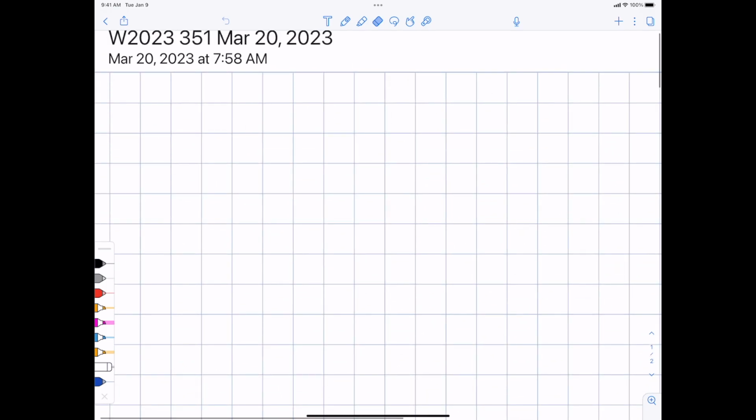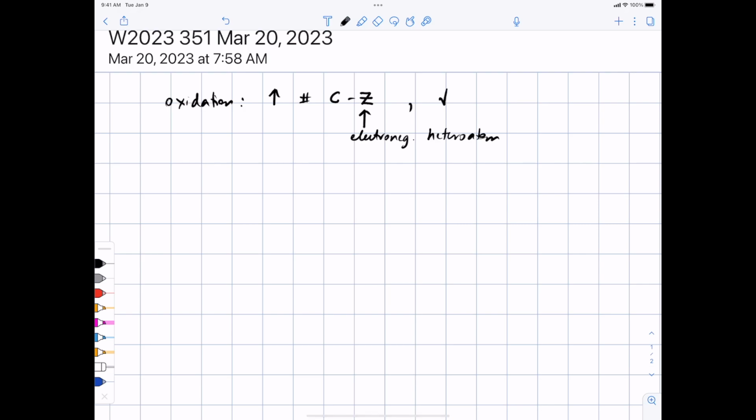For us, oxidation is going to mean either an increase in the number of carbon heteroatom bonds, where Z is an electronegative heteroatom, or it can also be a decrease in the number of carbon-hydrogen bonds.